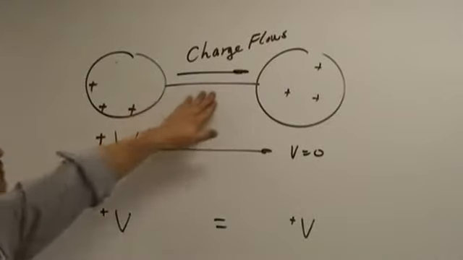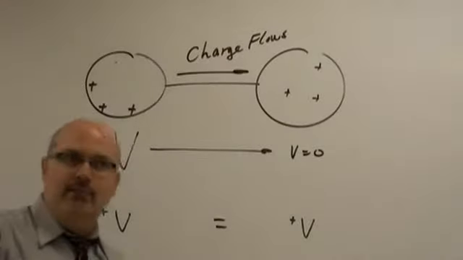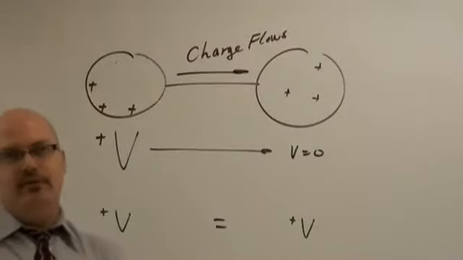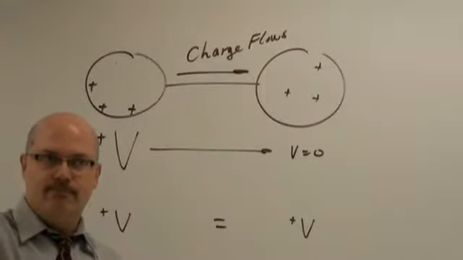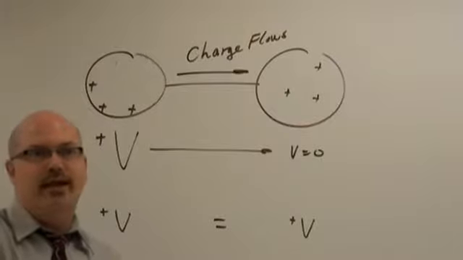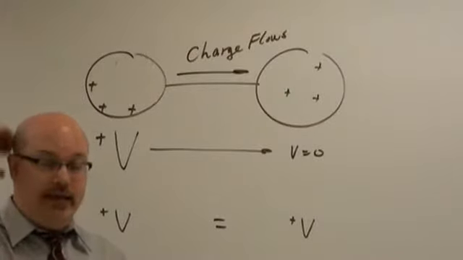So this charge flow is a temporary occurrence, like a lightning bolt. A lightning bolt, boom, it happens, and it stops. That's why a lightning bolt, in most cases, doesn't really kill you.